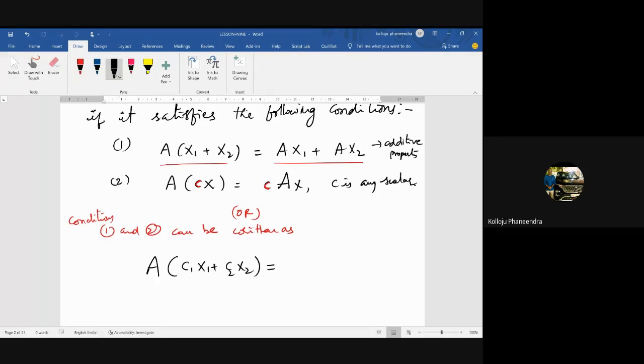Here multiplication by a constant is there and addition of two vectors is there. So this equals c1 into Ax1 plus c2 into Ax2.